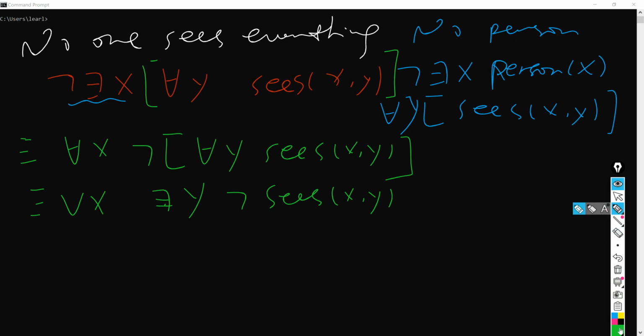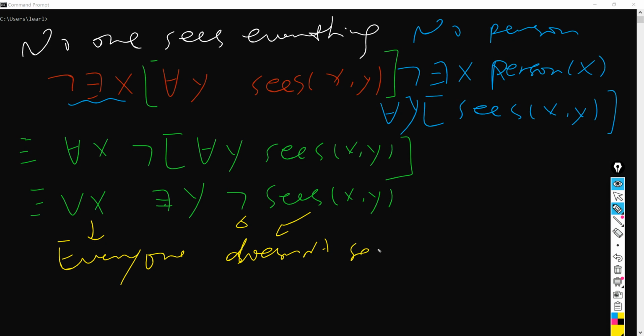So how can we translate this? It means everyone. So here is everyone sees or doesn't see, since here is a negation sign, doesn't see something.